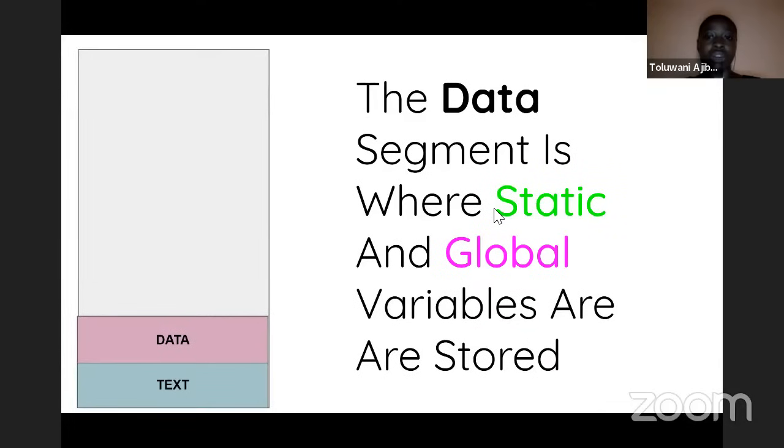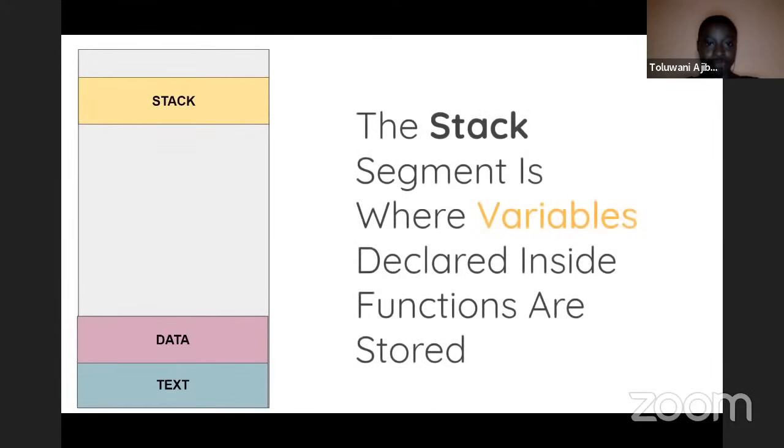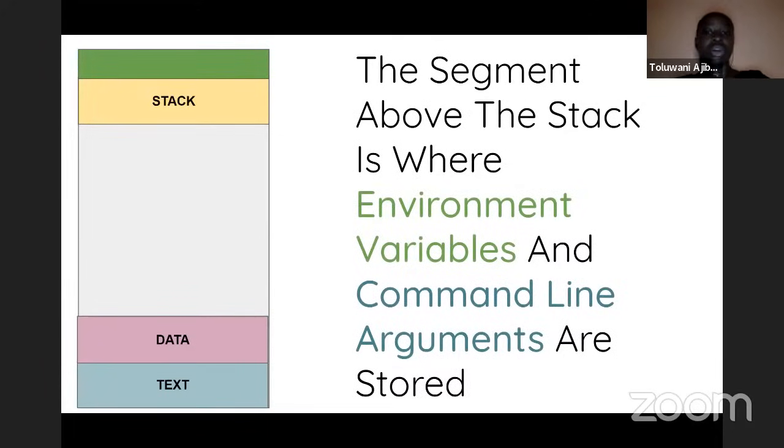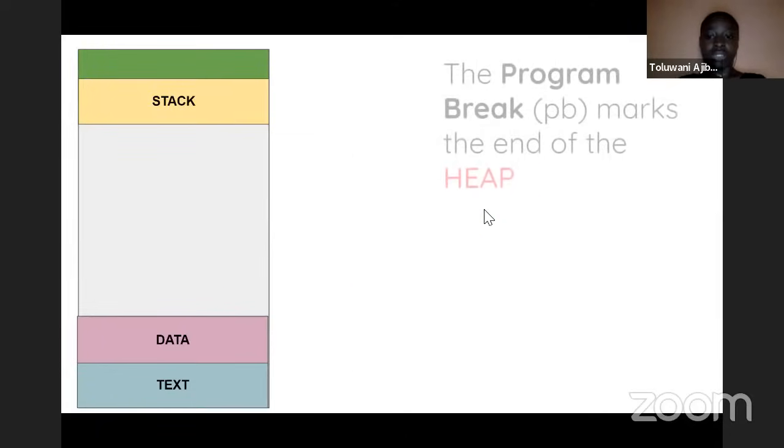That is, every function can access them. The stack segment is where variables declared inside functions are stored. The segment above the stack is where environment variables and command line arguments are stored.